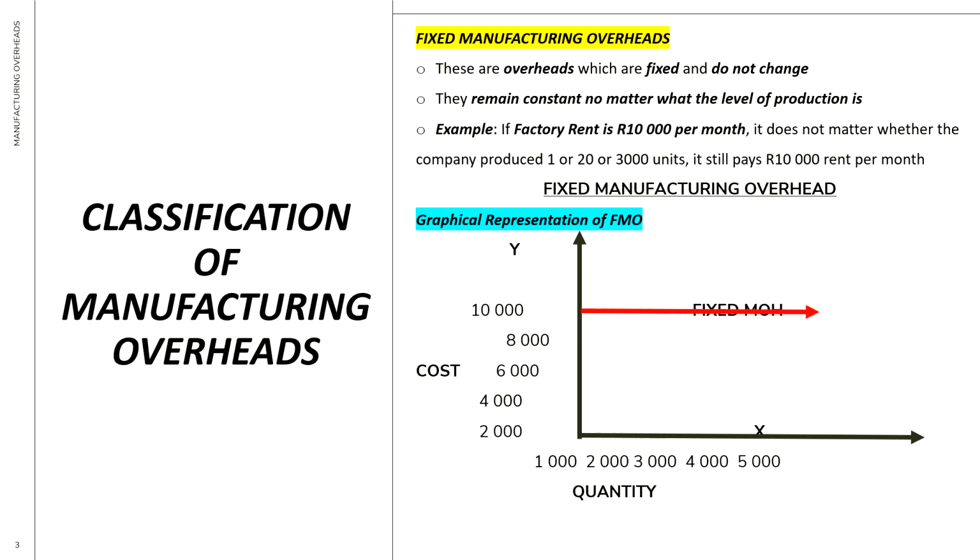Also rent is fixed. Whether we don't produce that month or we produce 3 million or 500,000, whatever number, it does not matter. We still pay the same rent every month, right? So these are the fixed manufacturing overheads.